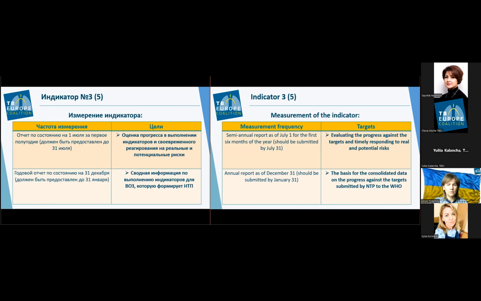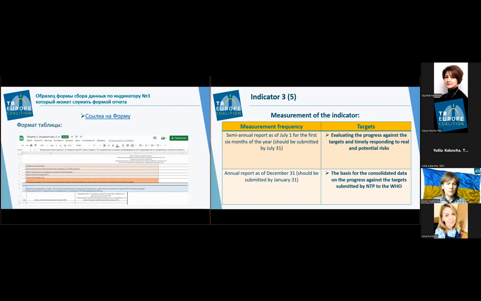Numerators and denominators here, maybe it is complicated at first glance, but when this algorithm is provided to NTP, each country will organize discussions with the specialists in M&E, and I will open my next slide, and you will see the sample form.